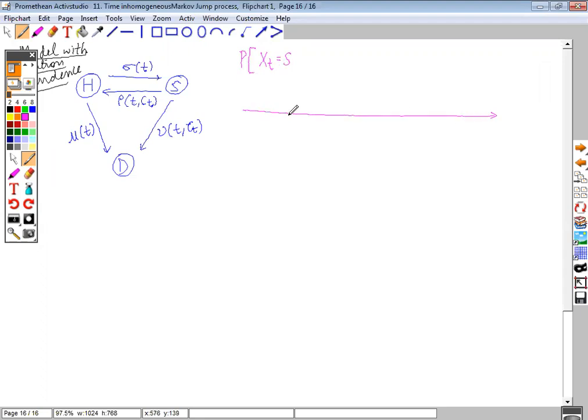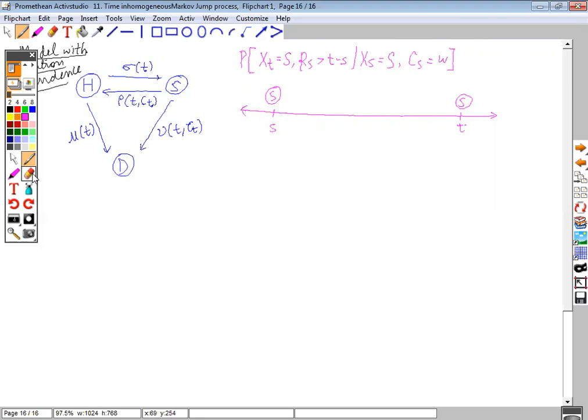Let me draw this simultaneously. So I am sick at time s, and at time t, I find myself sick as well. So something R_s greater than t minus s, given X_s, s, C_s, w.